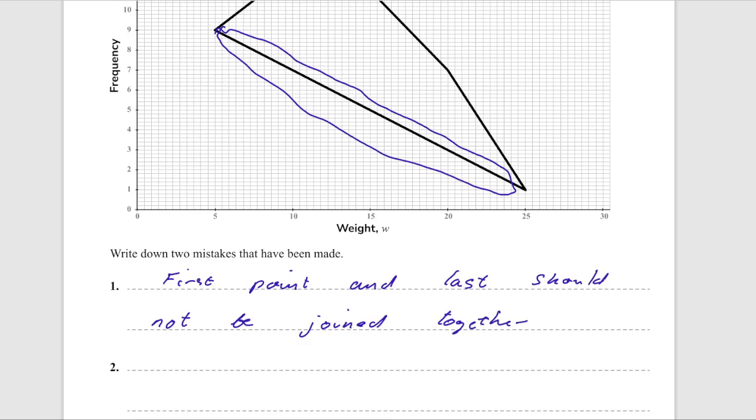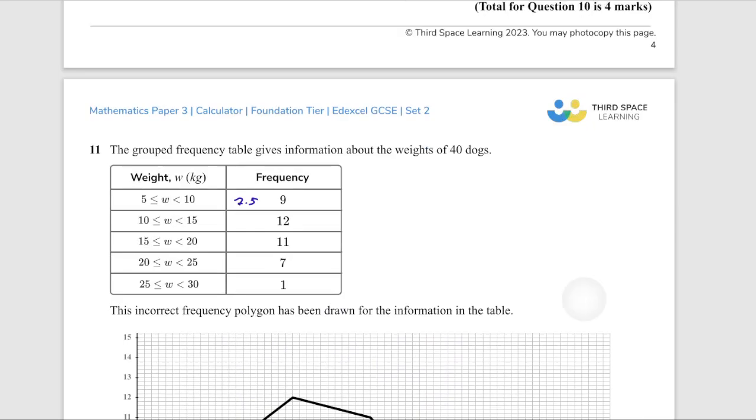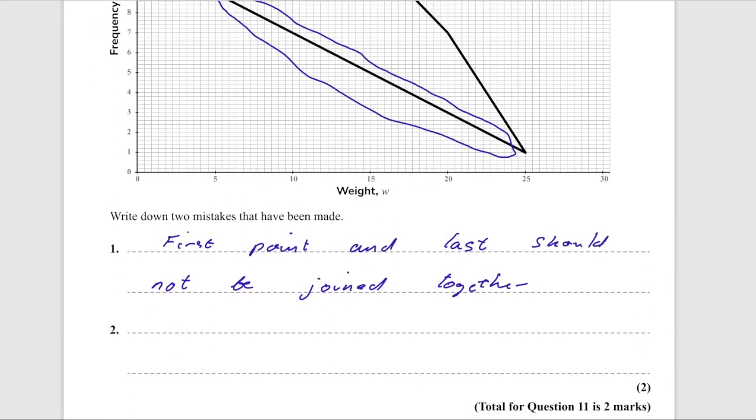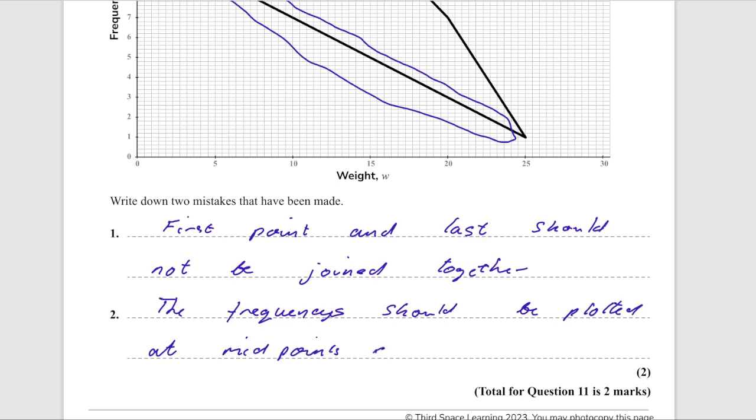And for part B, for part 2, I'm going to say frequencies should be plotted at midpoints, not endpoints.